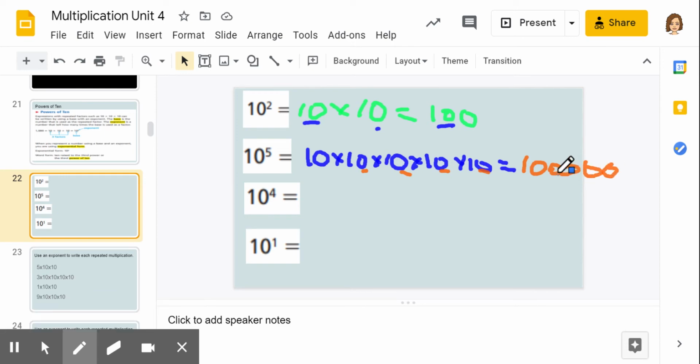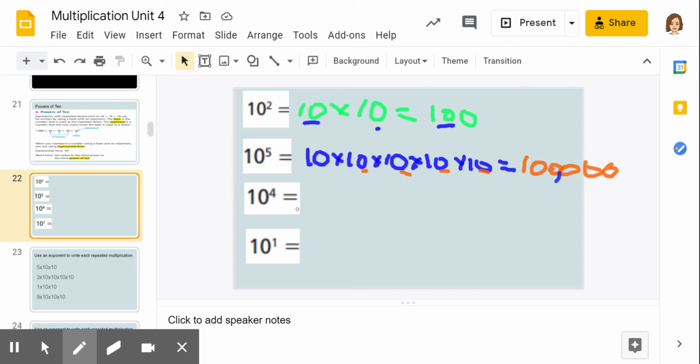So it equals 100,000. So 10 to the power of 5, or 10 raised to the 5th power, is 100,000. Okay, so let's try 10 to the power of 4.